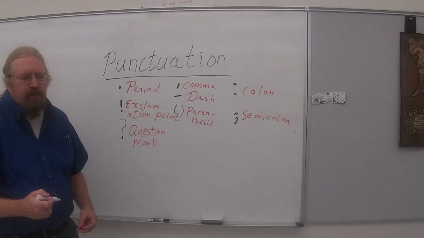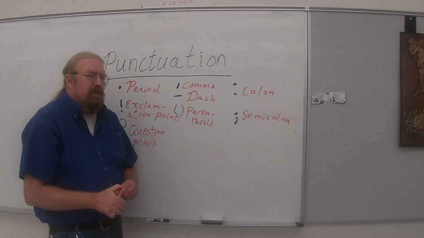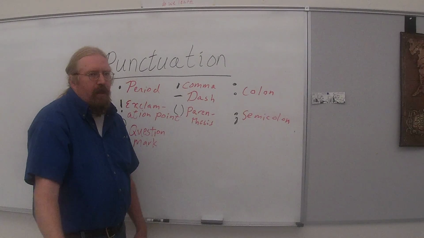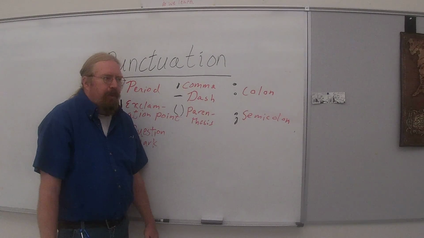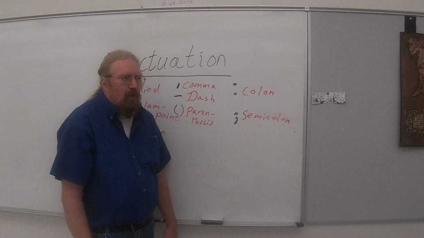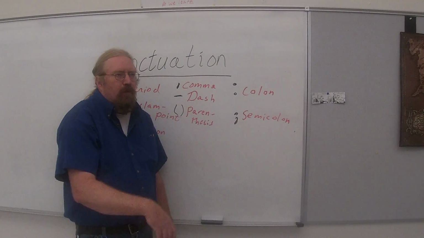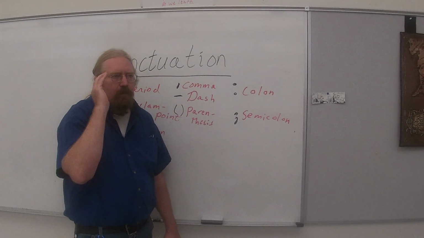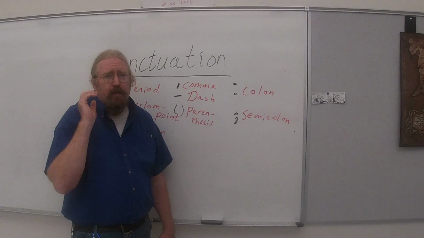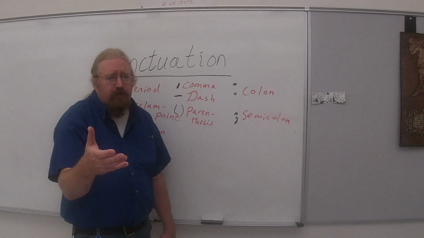You also use it in lists if there's commas inside the objects of the list. So like, let's say you were to list out towns. If you were to say big cities on the East Coast would be Buffalo, New York; New York, New York; and Boston, Massachusetts.